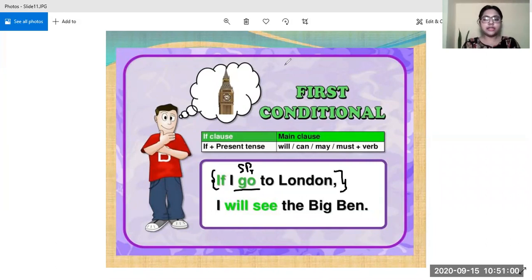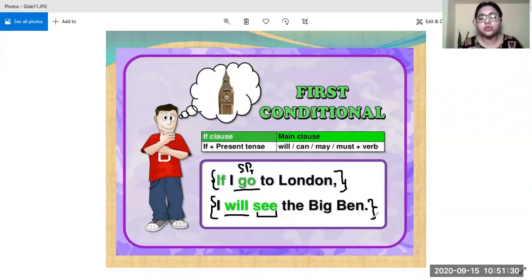When we look at the second condition, what do we observe? Yes, it is having a will, a modal verb, a modal auxiliary, and then it has a verb. So yes, the second condition is also satisfied. So we come to the conclusion that yes, it is a first conditional sentence. This is an example of first conditional sentence.